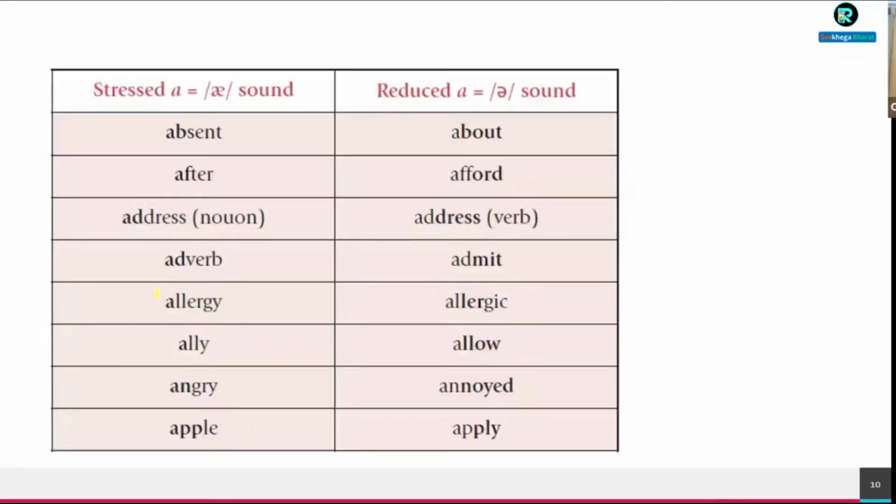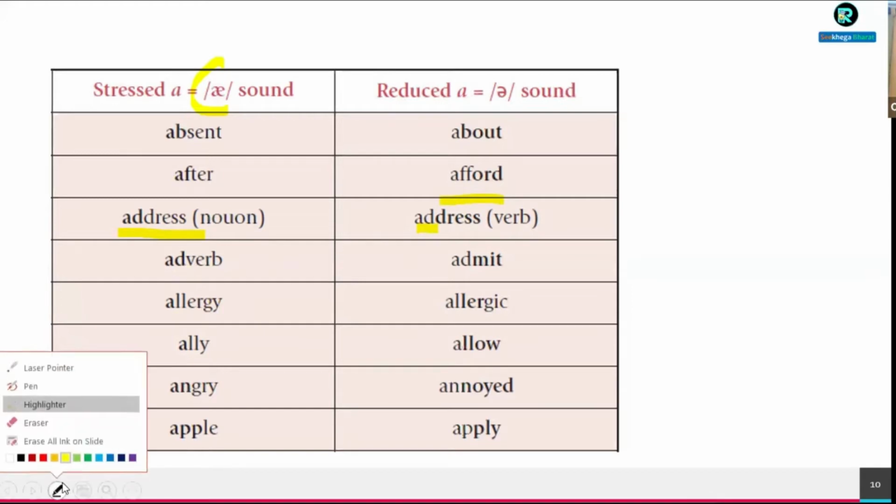Now let's move on. We discussed this: absent, about, after, afford, address, address. In noun it is address, where A has the stress, and in verb it is address, so this becomes schwa and this is stressed. Admit, allergy, allergic.